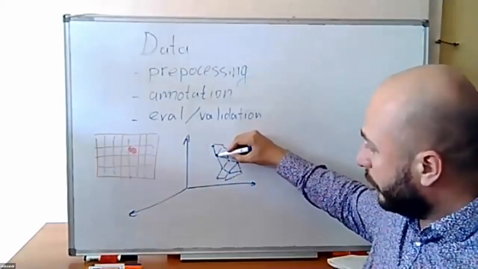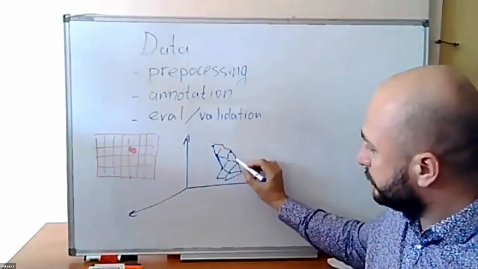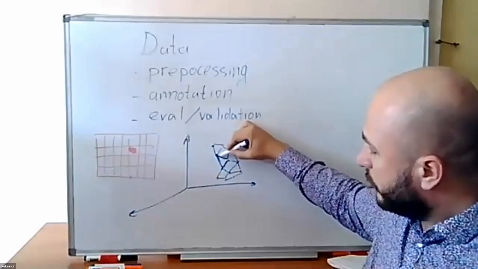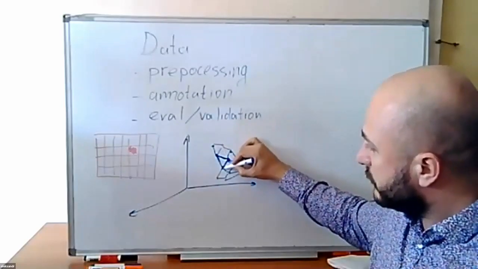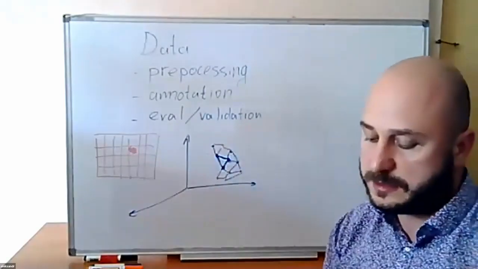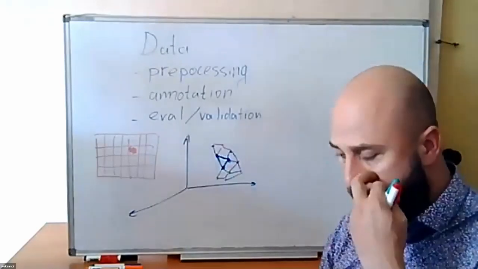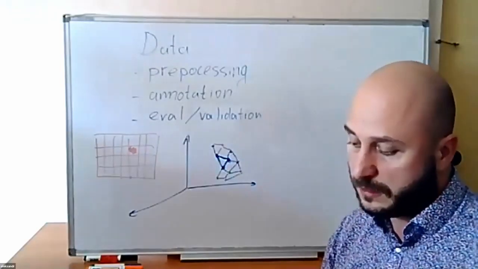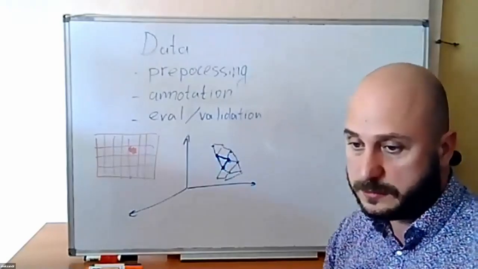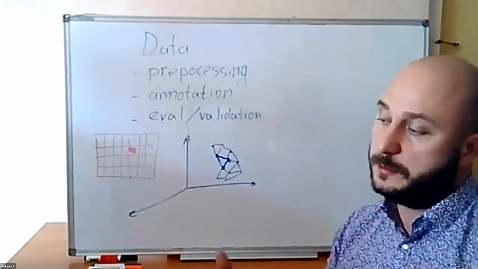So we operate with edges, polygons, and vertices. This is the classic approach. This is used in all software, in many games and movie rendering.